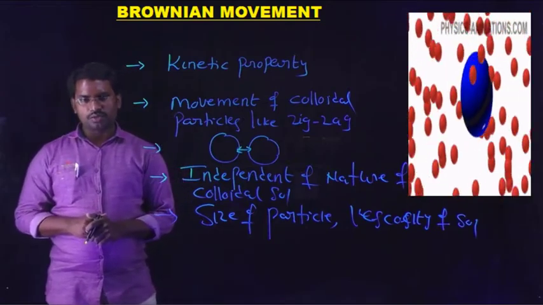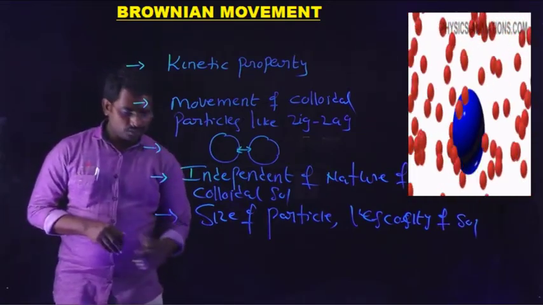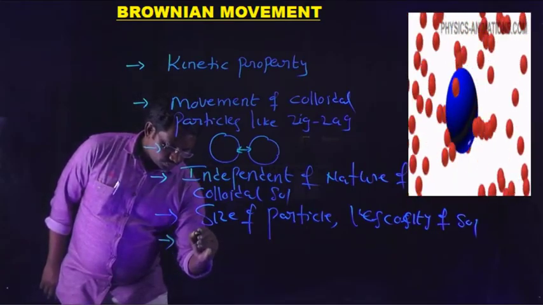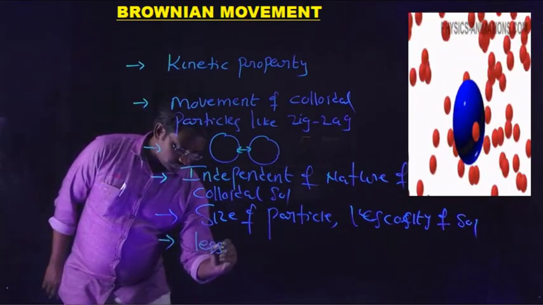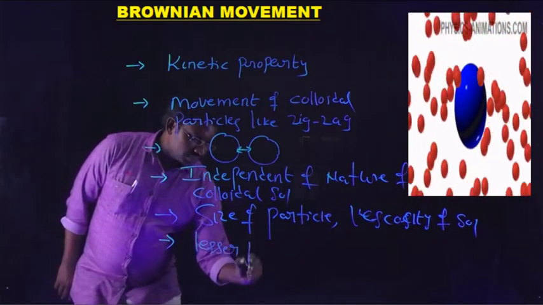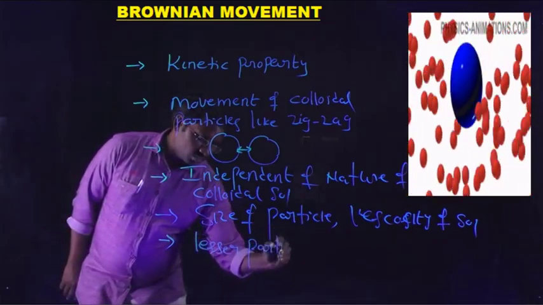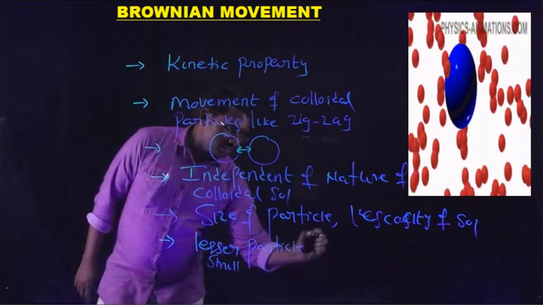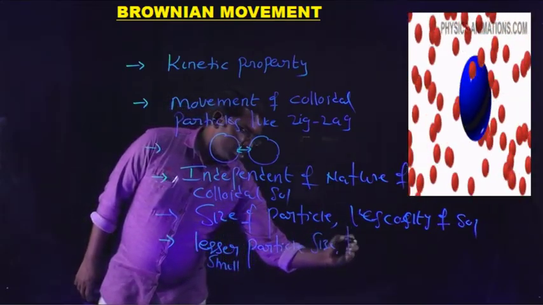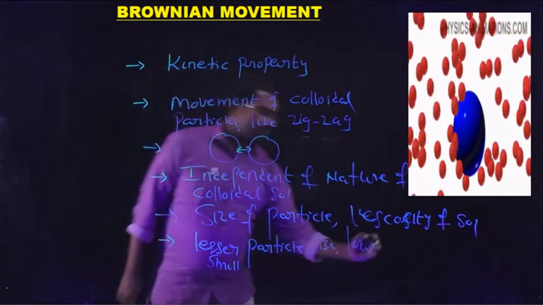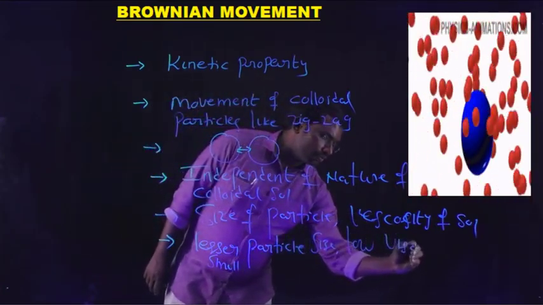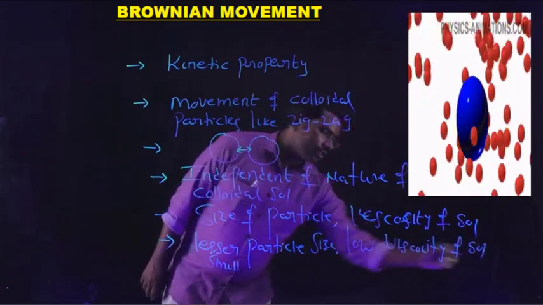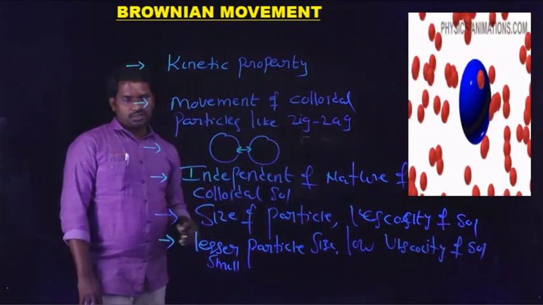So this Brownian movement mainly depends upon the size of the colloidal particle and the viscosity of the given colloidal solution. Finally, the conclusion in one line: for a molecule with small particle size and low viscosity of solution, the Brownian movement is very fast.